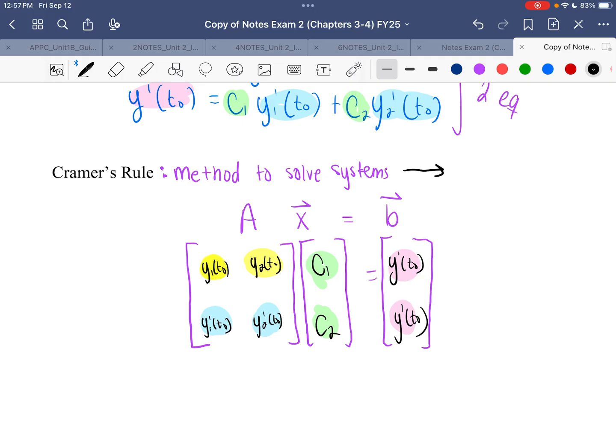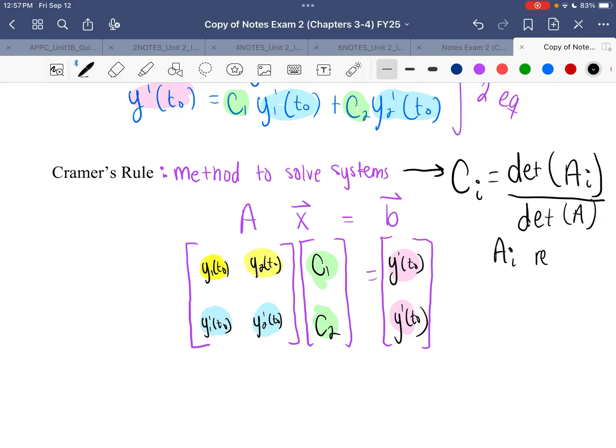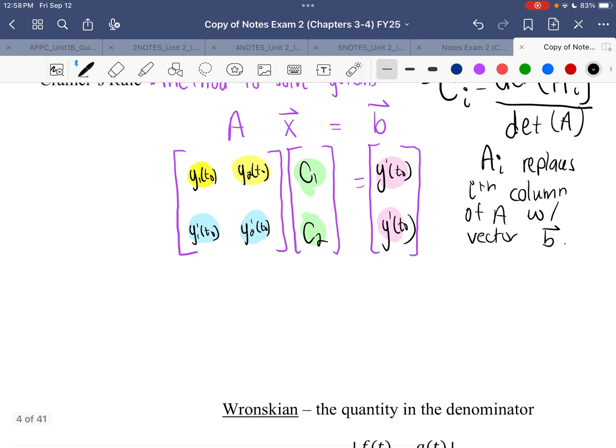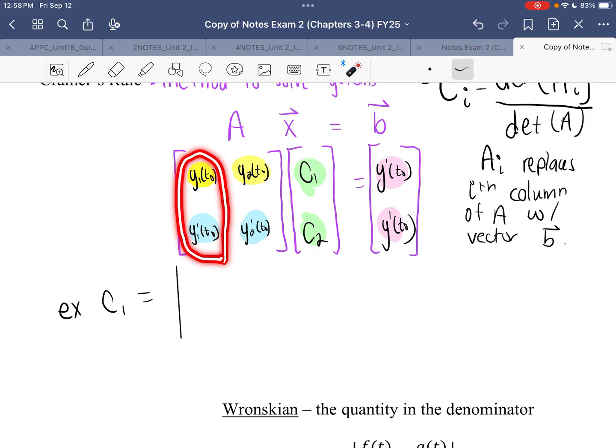Essentially, Cramer's rule solves for that C value by taking the determinant of the A matrix with the ith column replaced by the vector B, and dividing by the determinant of A. So for example, for C1, we are taking the first column of A and replacing it with B.